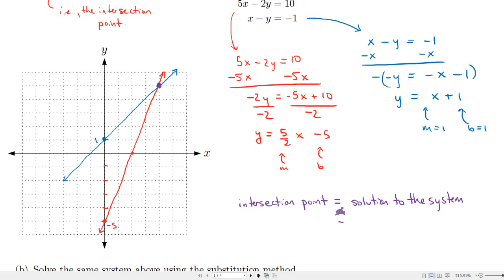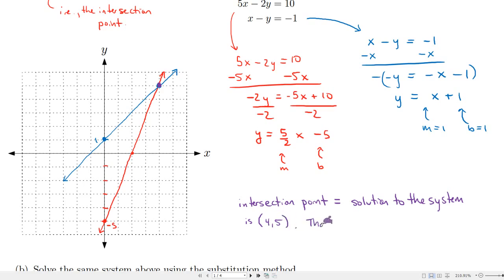So the intersection point tells us it is 1, 2, 3, 4, 1, 2, 3, 4, 5. So that would be 4, 5.